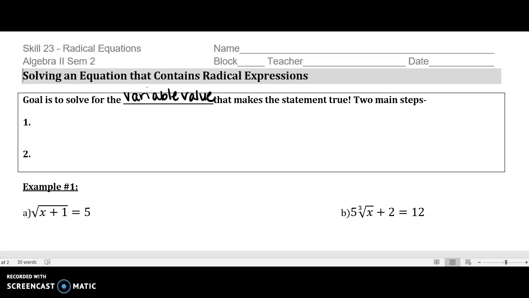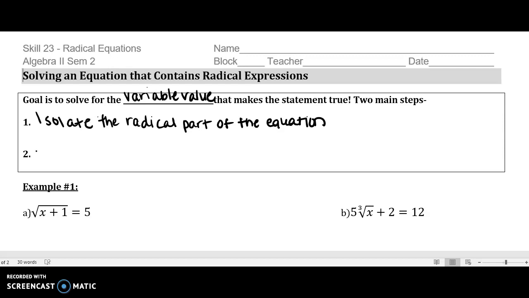Our first step is to isolate the radical part of the equation. And step two is to undo the root or the radical, okay?